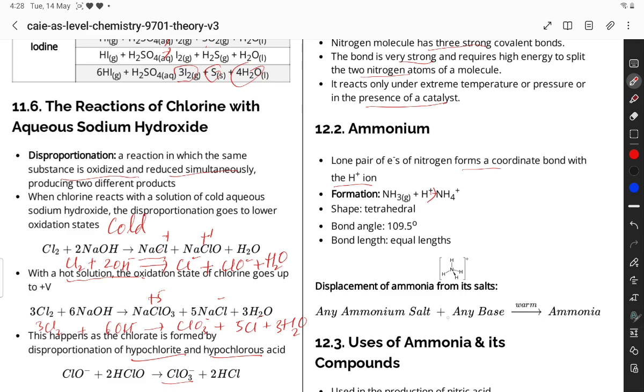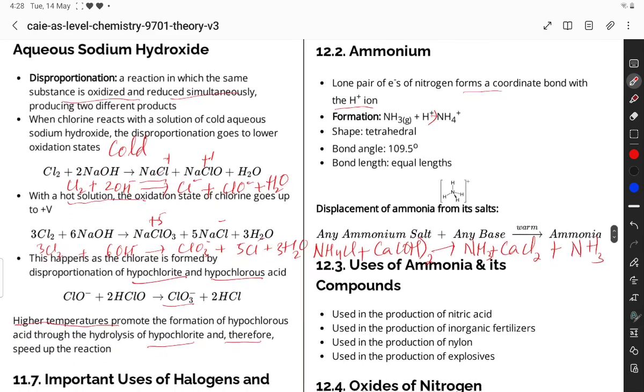Displacement of ammonia from its salt: any ammonium salt when reacted with a base forms ammonia gas, for example NH4Cl plus calcium hydroxide or any other base, warm the solution, to give ammonia NH3 plus calcium chloride, and ammonia gas is evolved.